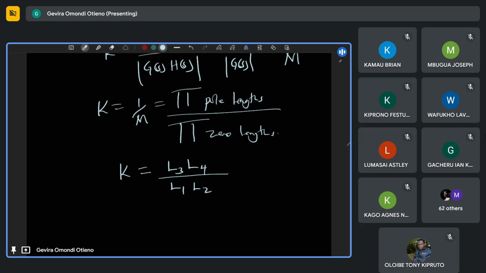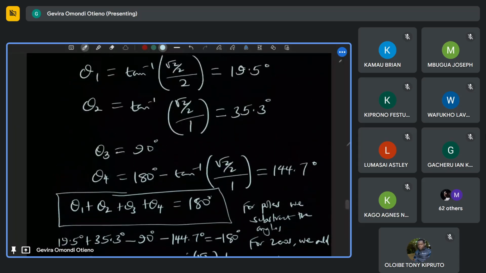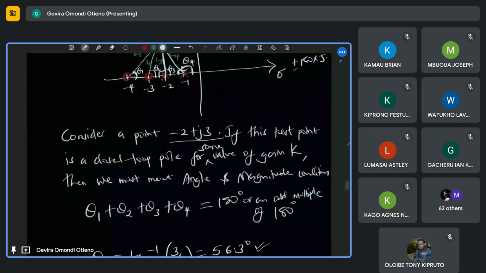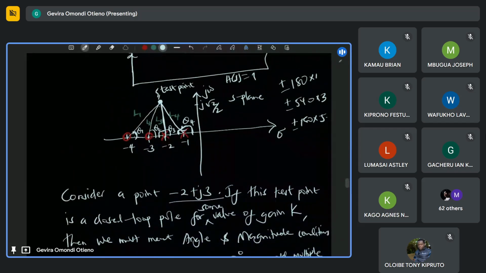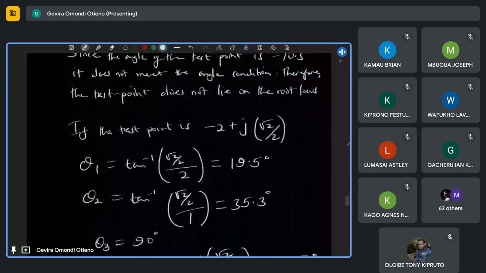Now, we can determine each one of the lengths. So L1 is given by, again, getting the magnitude. You want L1, so it's going to be the length squared plus height squared, then you get the square root. So this is 2 units and root 2 over 2.